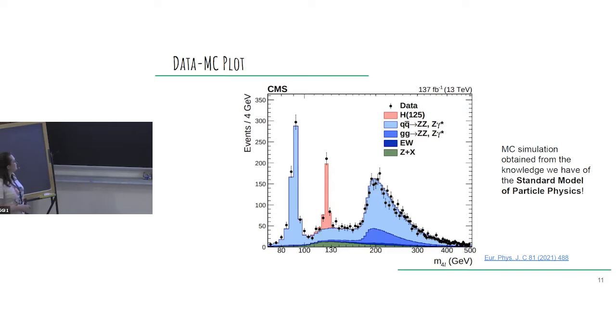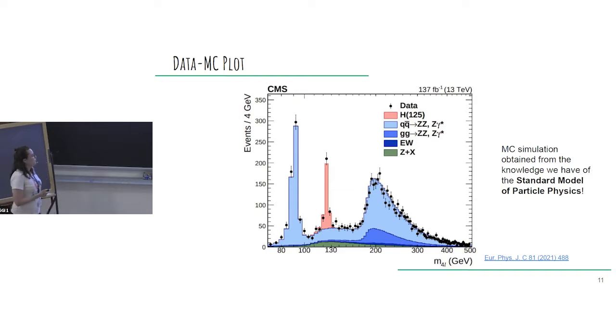For example, this quantity that we are looking at is the invariant mass of the four-lepton system, and this red part is the nice Higgs boson peak, and we see and we are happy that all the data are following very nicely the expected distribution of the Monte Carlo.